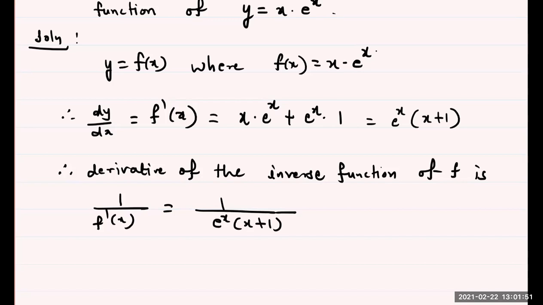Okay. And you put x is not equal to minus 1. Put this condition here. We need it because if x becomes minus 1, my denominator becomes 0, so how will I define it? Therefore x cannot be minus 1. This is how we take the derivative of an inverse.